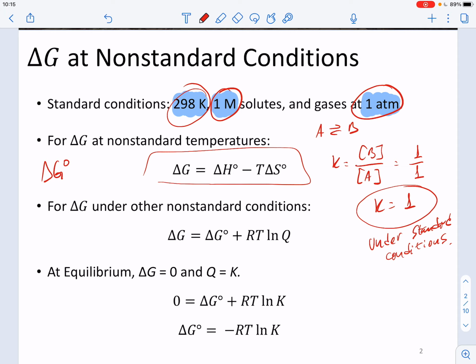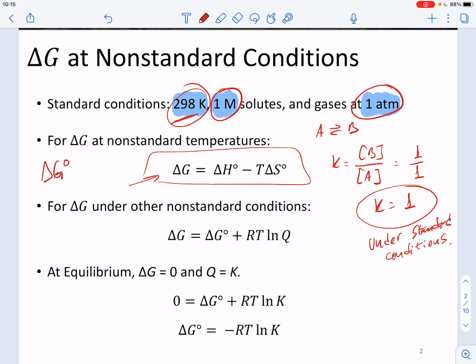If you are working at temperatures different from that of standard conditions, then you use this equation. That is assuming that delta H and delta S do not change with temperature, which is not entirely true, but to make things easier, we assume that that's the case. So if you want to calculate delta G at different temperatures, you use that equation.